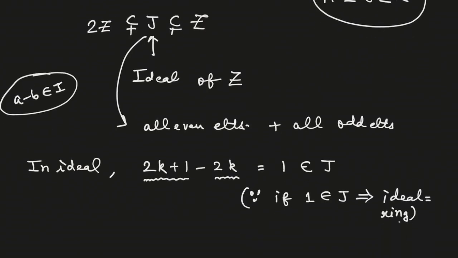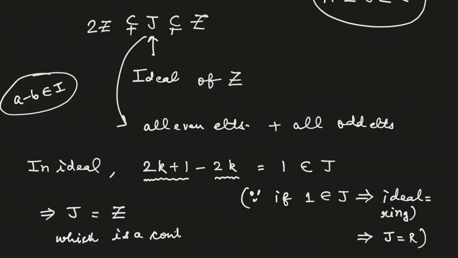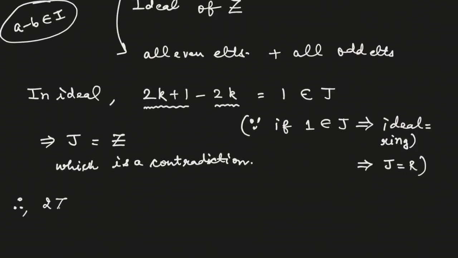I is equal to R. We have discussed this result before also. So this means that J is equal to Z, which is a contradiction. Therefore, 2Z is not a maximal ideal of Z.